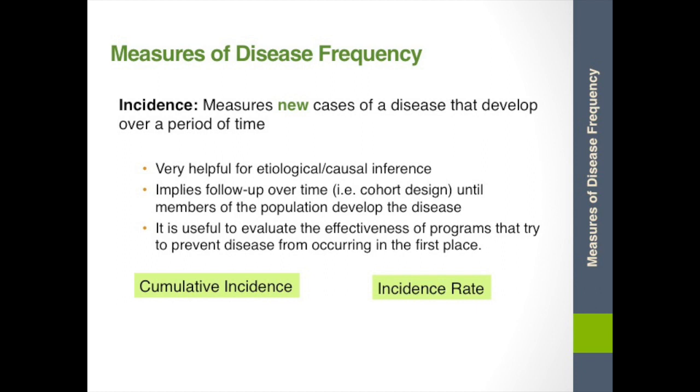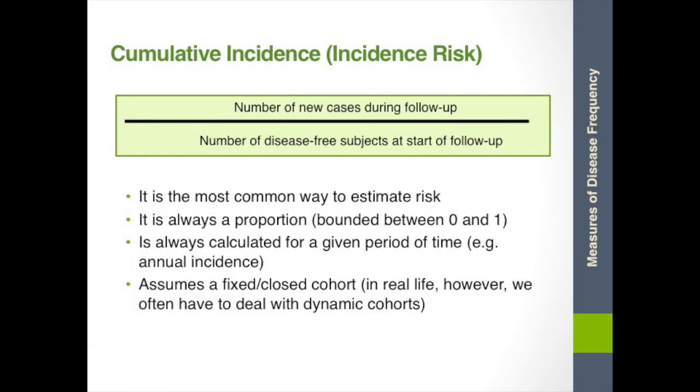There are two types of incidence measures: cumulative incidence and incidence rate. Cumulative incidence, or incidence risk, is the proportion of individuals in a population who develop the disease over a specified period of time. The numerator is a subset of the denominator.